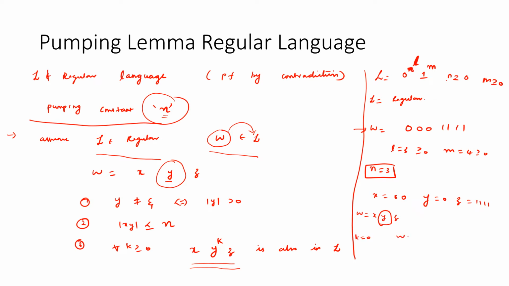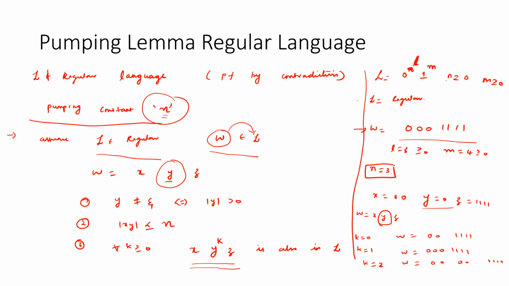If k is 0, w will be 0, 0, 1, 1, 1, 1, because y is repeated 0 times. If k is 1, you get back the original string that we took, that is, w will be 0, 0, 0, 1, 1, 1, 1. If k is 2, you repeat y two times. w will be 0, 0, 0, 0, 1, 1, 1, 1.